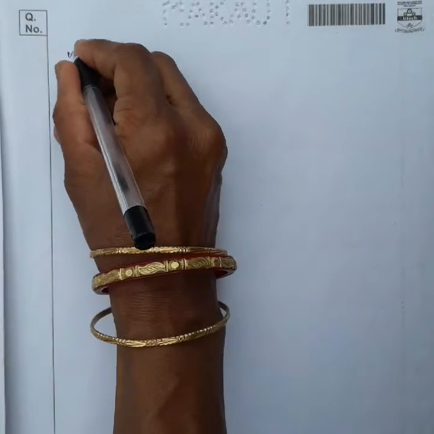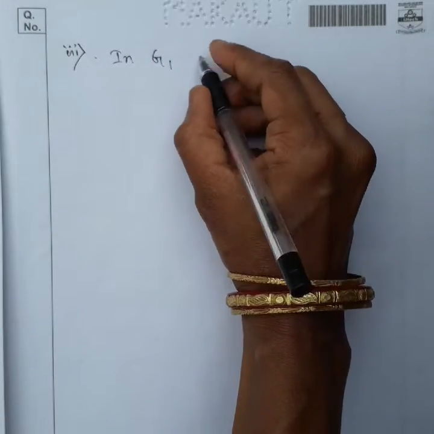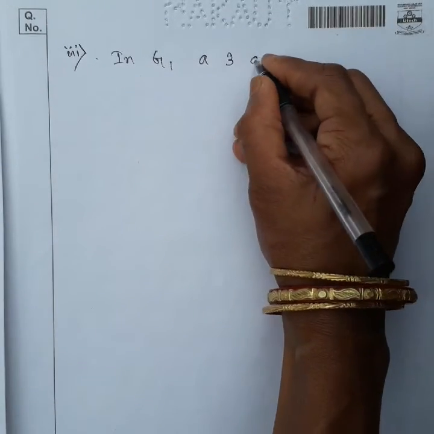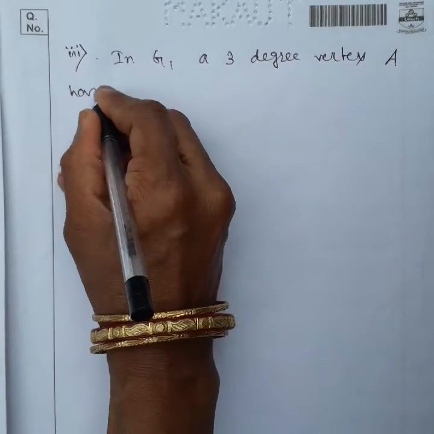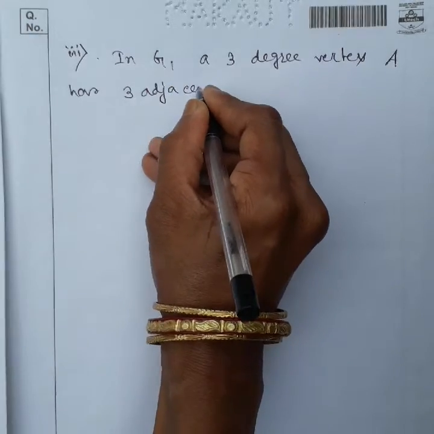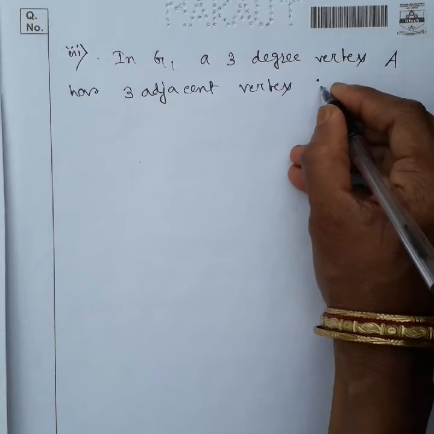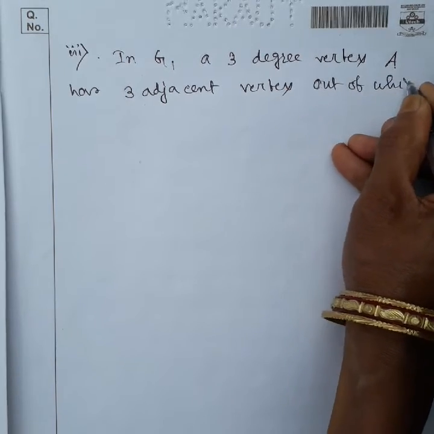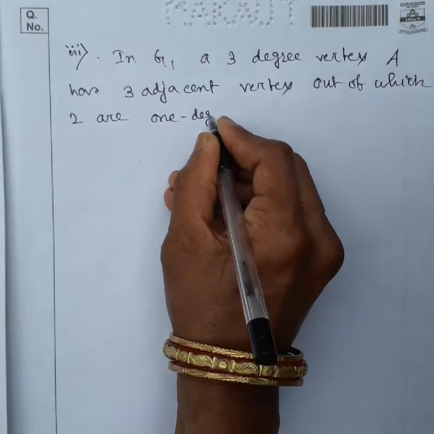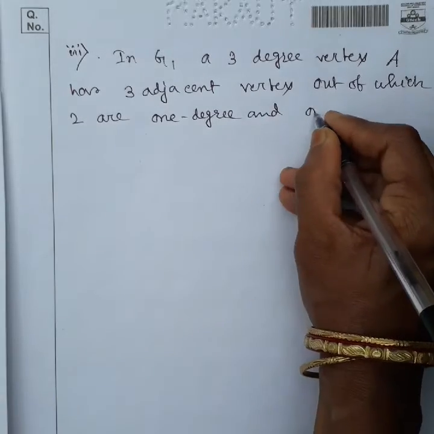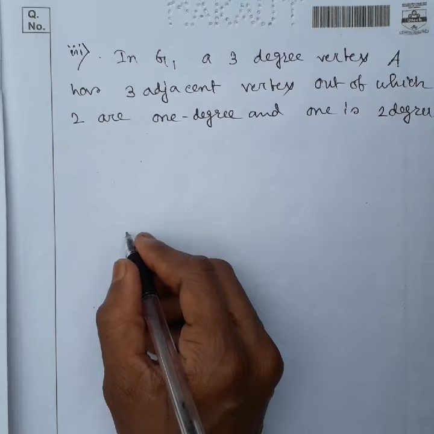Okay, and for the incidence relationship, in G1 a 3-degree vertex A has 3 adjacent vertices, out of which 2 are 1 degree and 1 is 2 degree. Okay, 2 are 1 degree and 1 is 2 degree.